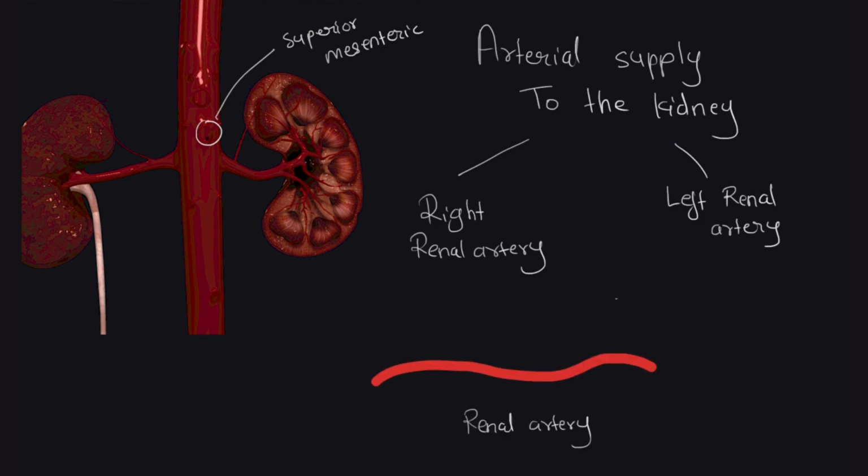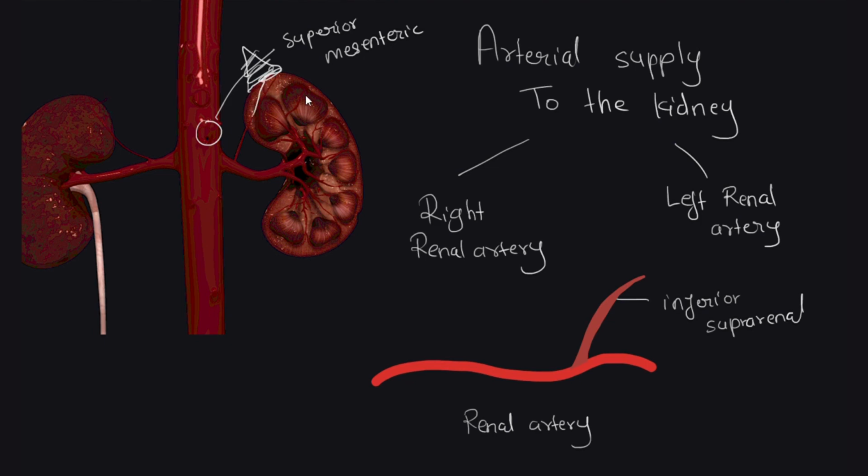And coming off of the renal artery, we have several different branches. As you can see in this image right here, there's this one branch, and then there are these small branches here. But let us see how they are divided. Coming off of the renal artery, we have the inferior suprarenal artery, which is going to be supplying the suprarenal glands. For example, this is a suprarenal gland.